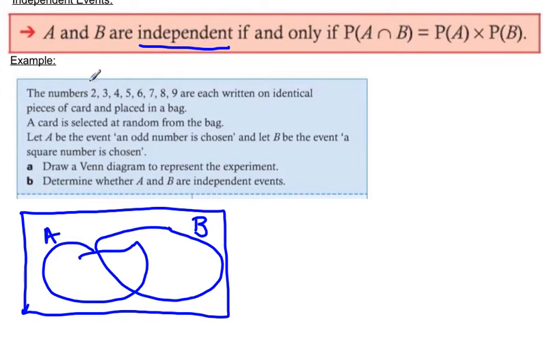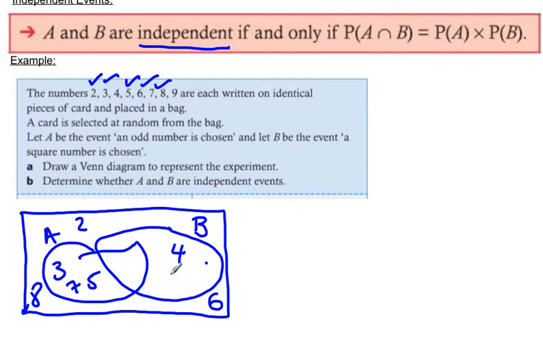So again, let's go through each number. 2 is odd, not square, so it goes out here. 3 is odd, not square. 4 is square, but even. 5 is odd, not square. 6 is even, but not square. 7 is odd and not square. 8 goes out here because it's neither odd nor square.